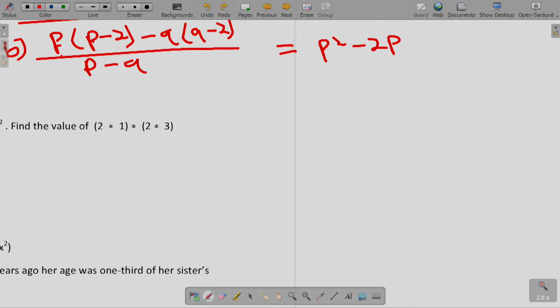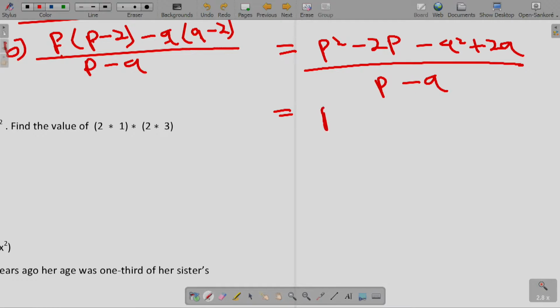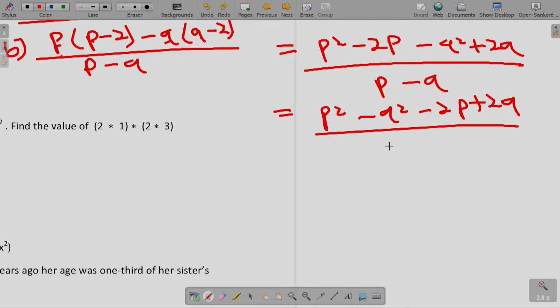And here we get negative Q times Q is equal to negative Q square. Negative Q times negative 2, we get positive 2Q over P minus Q. P square minus Q square minus 2P plus 2Q over P minus Q.